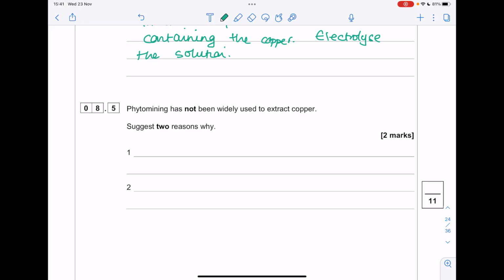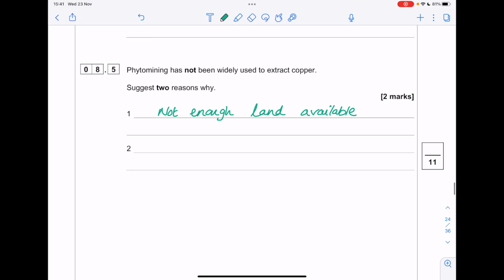Phytomining has not been widely used to extract copper. Suggest 2 reasons why. First of all, it needs a lot of land, so sometimes you might not have enough land available. Secondly, it takes a very long time.